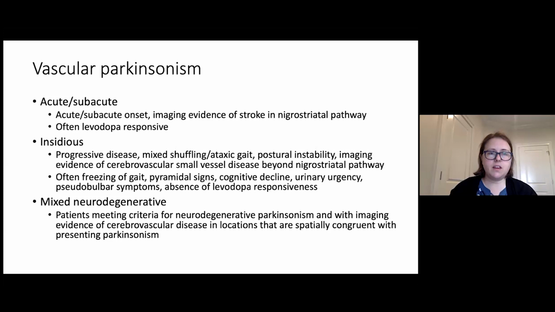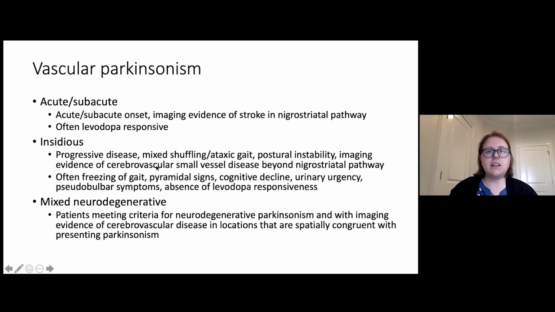I'm just going to mention very briefly some of the features of vascular Parkinsonism. Again, you can think about it as either acute, this more insidious picture, or a mixed picture. I wanted to highlight some features of the insidious picture, and that is that there's often a lot of symptoms in the legs and a lot of postural instability.